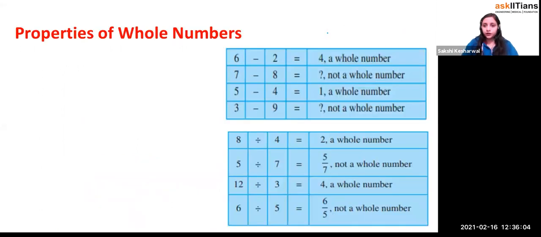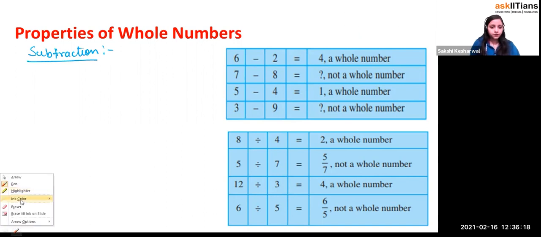Now let's talk about subtraction, right? Just see over here. Now let me change my color once. Okay, just see 6 minus 2.